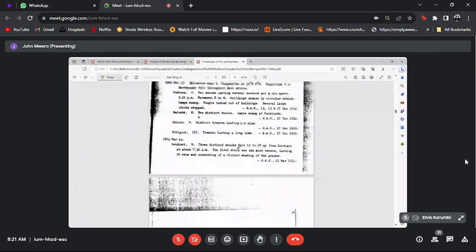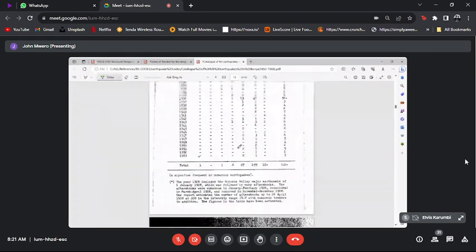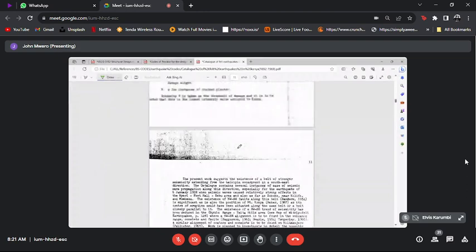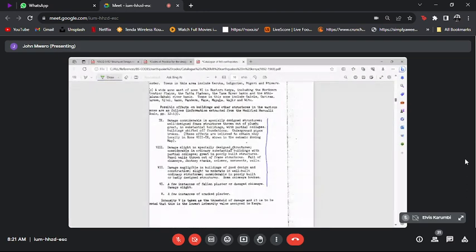So if we go back up this way, he came up with this scale, which varies from level 5 to level 9.